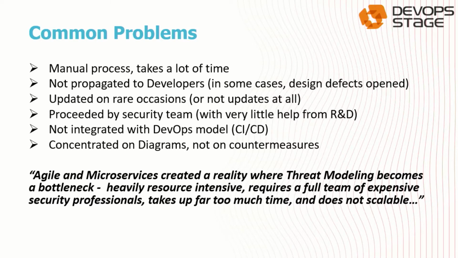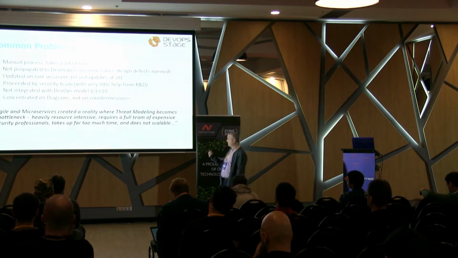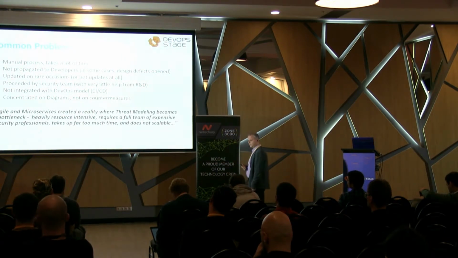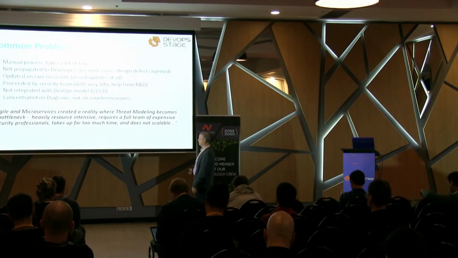Okay, the common problems. First of all, it's a manual process. It takes a lot of time. Sometimes it might even take days and weeks to run a threat modeling exercise. And just think about it: we have, for example, a 2 week sprint, and we spend 4 days on threat modeling. So it's not suitable for agile development.